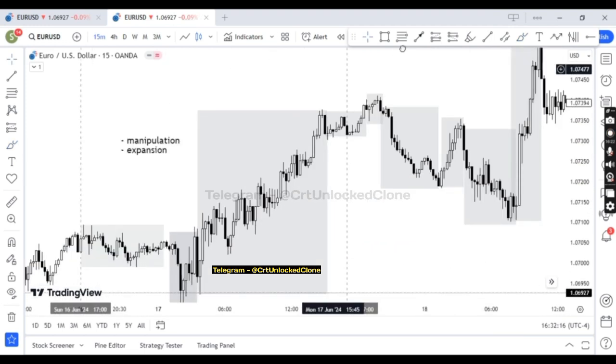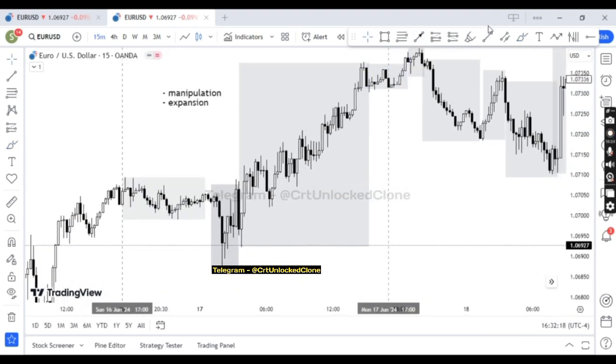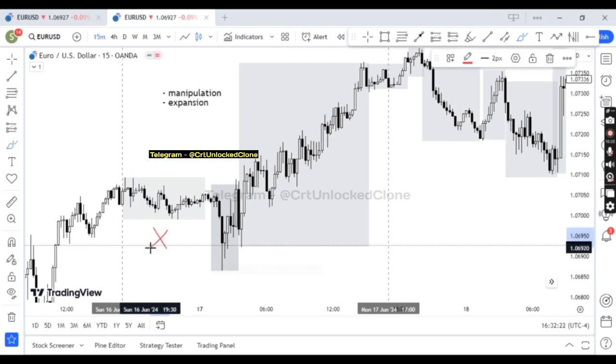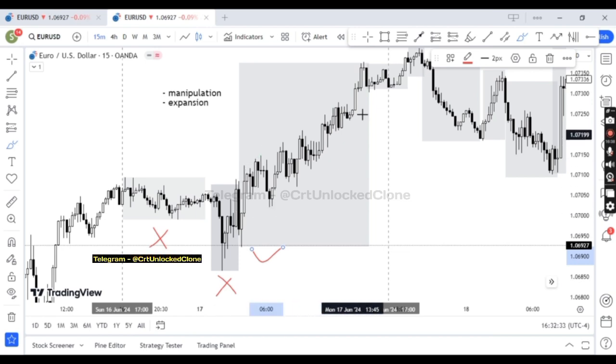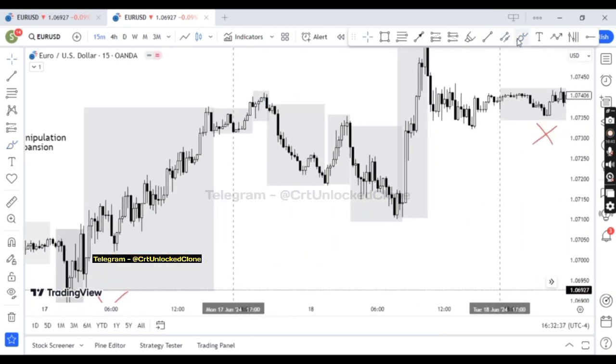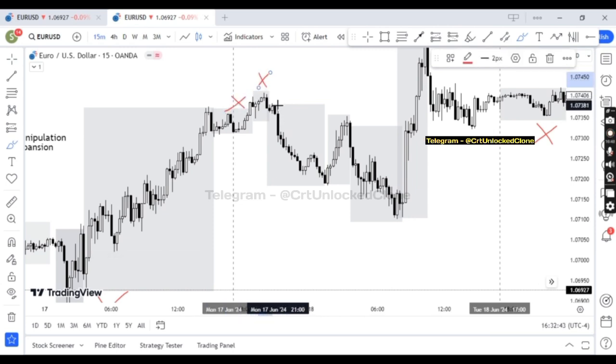So let's see, we're going to start off with Monday. On Monday, obviously you would have avoided trading this ranging profile, you would have avoided trading this manipulation profile, and you would have only traded this expansion profile, and it would have offered you this explosive expansion move towards the upside, right? Then on Tuesday, obviously you would have avoided trading this ranging profile and this manipulation profile, and only traded what?